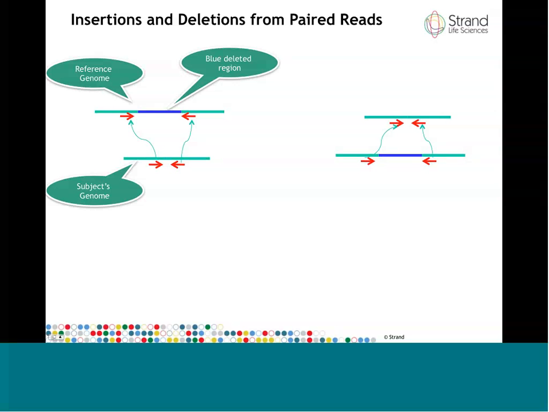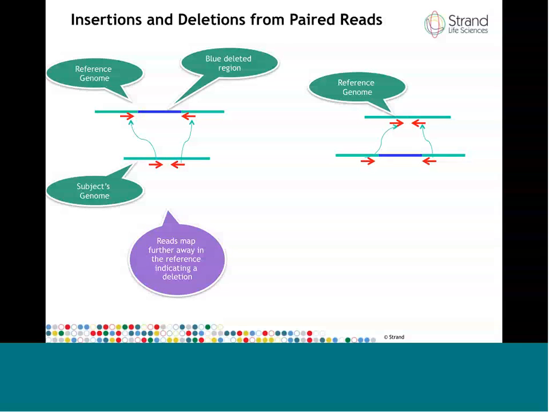The fact that their mutual distance is much more than the expected 200 signifies that there's a big deletion happening here. So we look for read pairs which are further apart than expected, and based on that call long deletions. Likewise, the reads which map further away in the reference indicate a deletion.